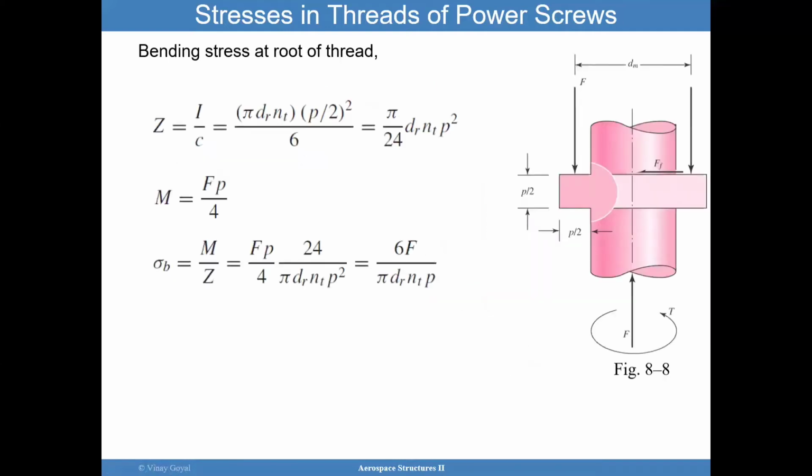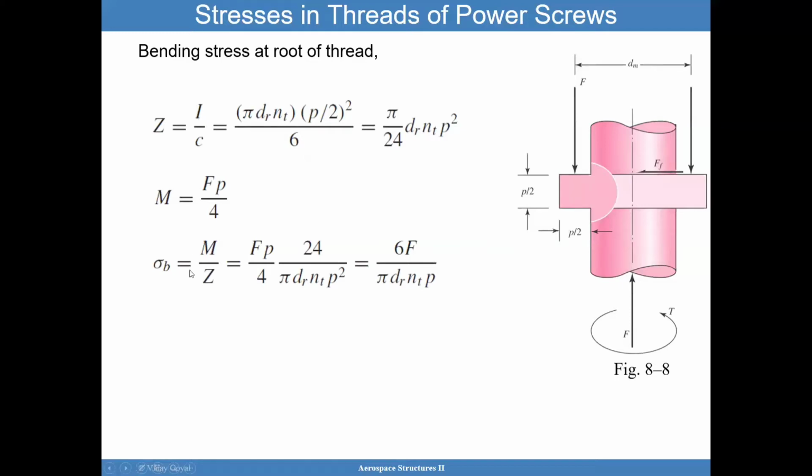We can also calculate the bending stress at the root of the thread. That calculation is simply the bending moment M divided by the section modulus, which is really MC over I. You can see here Z is inertia divided by the distance C, so we really have MC over I, but this is another way to look at it.